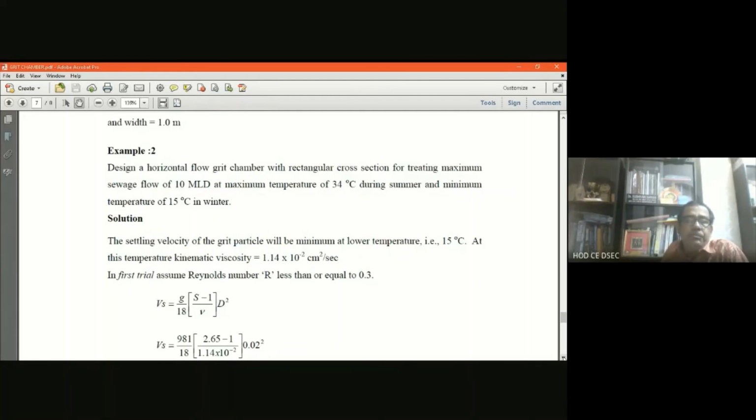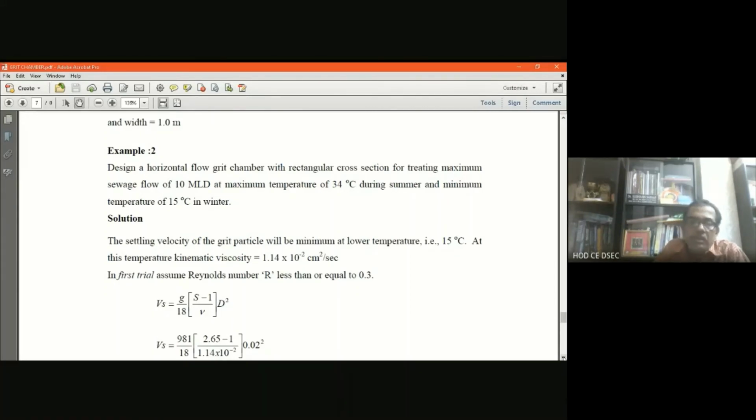So in the first trial, Reynolds number R, we do not know what it will be. Let us assume the Reynolds number is less than or equal to 0.3. Considering this assumption, we do not know, but let us consider, then we can apply the Stokes law.